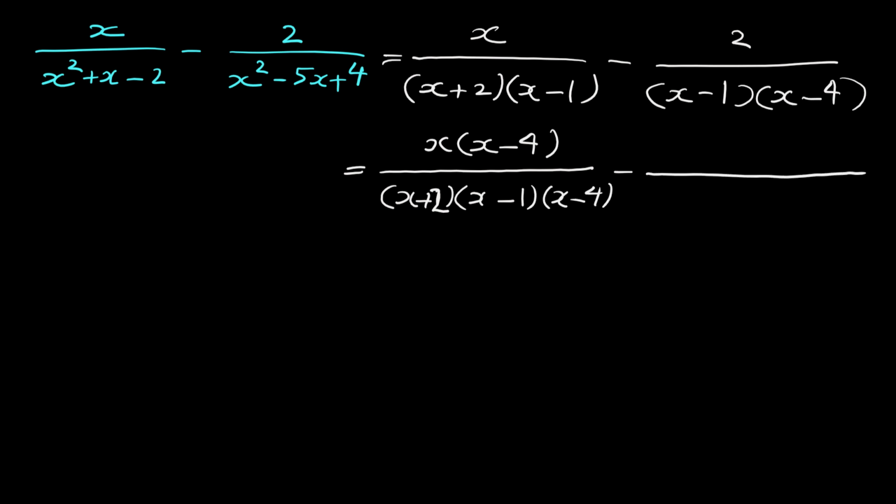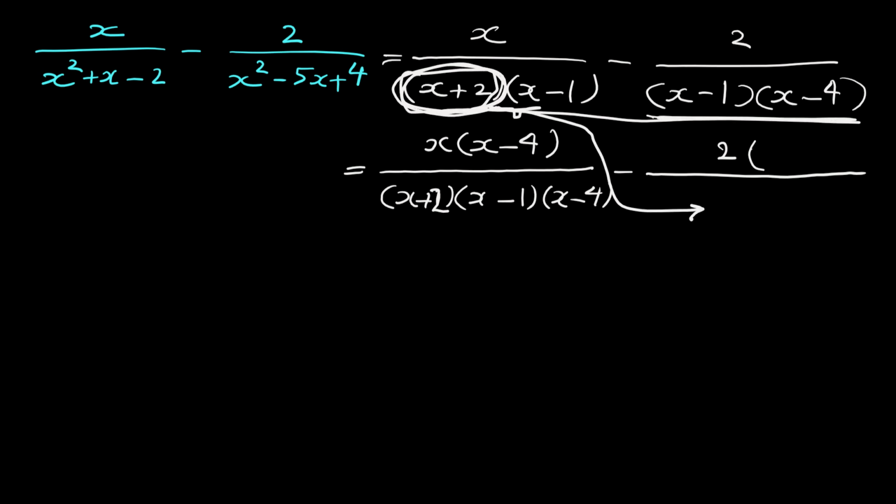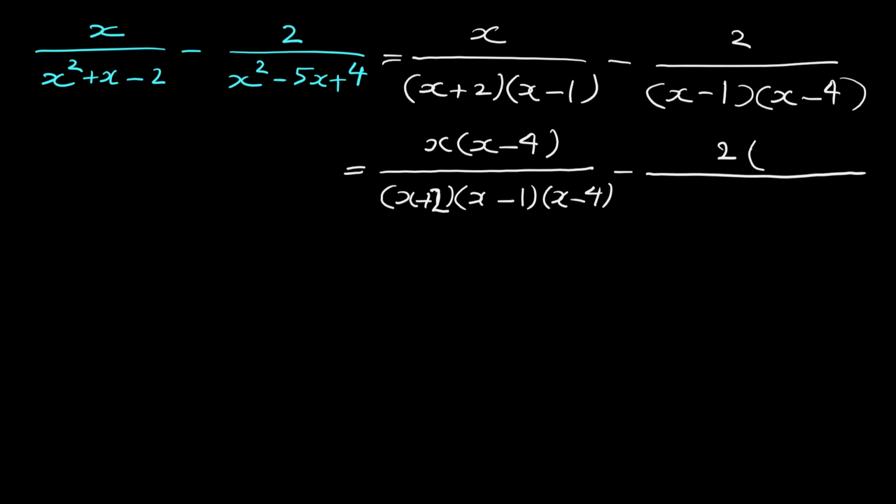And for the other fraction, we put 2 times, what is the factor that we need to have here? x plus 2. Because we have x plus 2 here, we have to have that factor also in the numerator. So we multiply the numerator by x plus 2, and because we multiply the numerator by x plus 2, we multiply the denominator also by x plus 2.